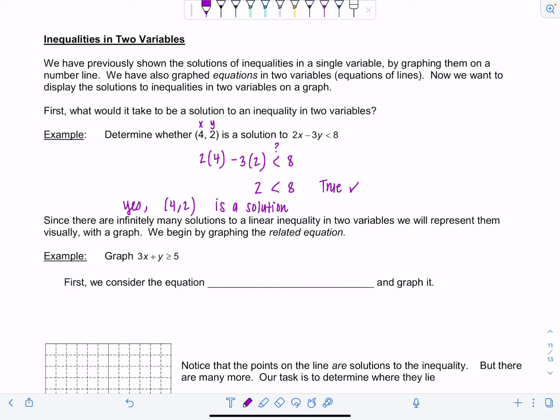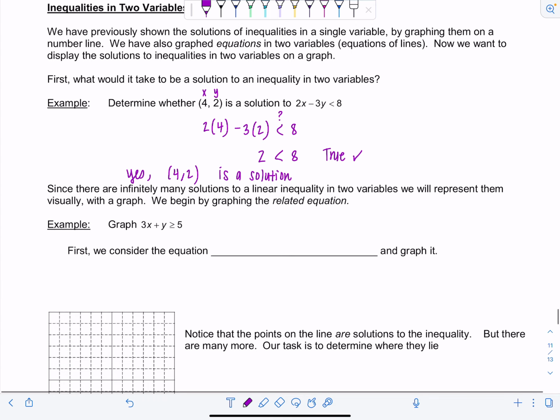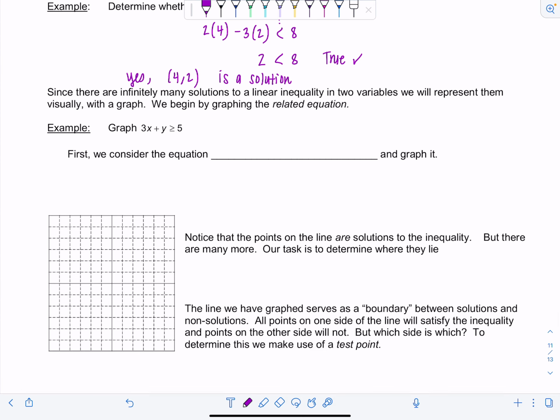Okay, so here's how it works. We've got this inequality here: 3x plus y is greater than or equal to 5. To start things off, I'm going to consider the equation 3x plus y is equal to 5. So you just change that inequality to an equal sign, and we're going to graph this guy, okay? Most of the time when we're graphing lines, we like to put them in slope-intercept form, meaning isolate y.